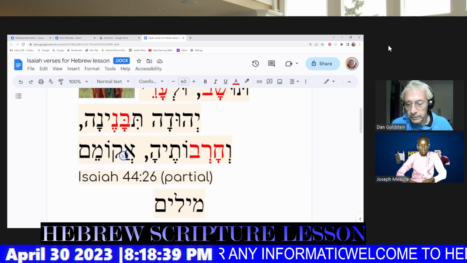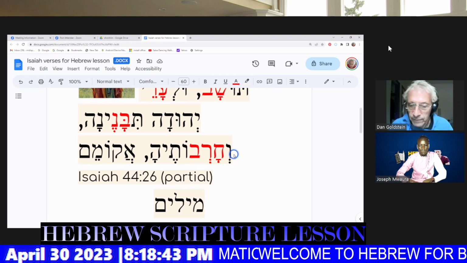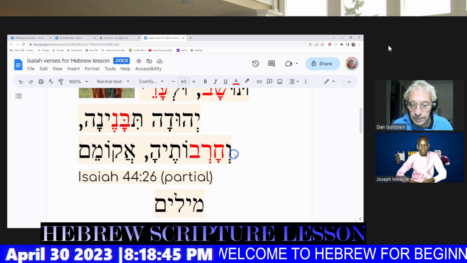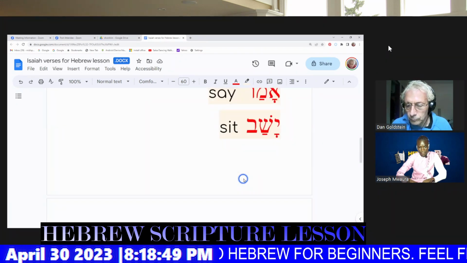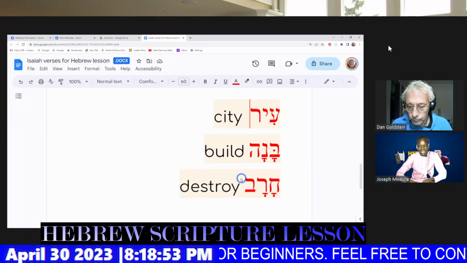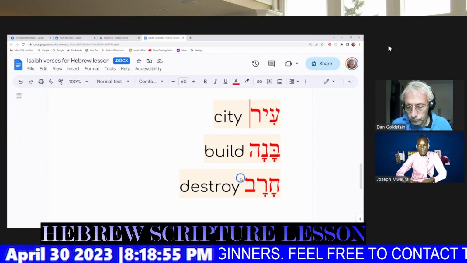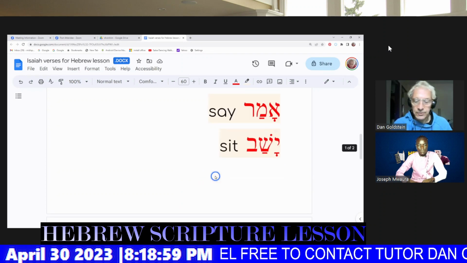Then the last line, v'charvoteha, which shorish do we have in that word, v'charvoteha? Harav, destroy. Very nice, to destroy. So that's a verb, to destroy.